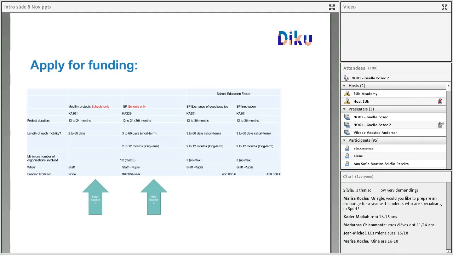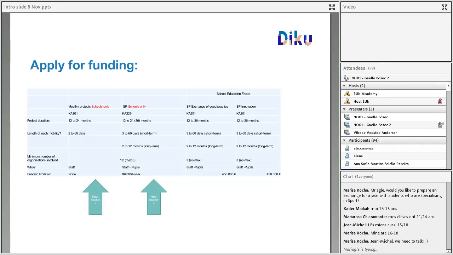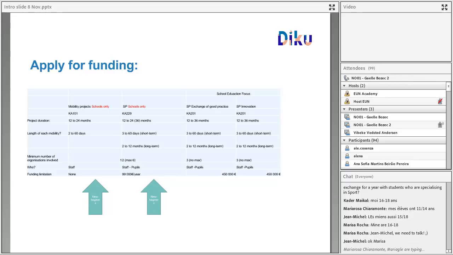The last one is probably the most complicated to get funding for, but probably the most visionary. It might have the biggest impact for the future. It's the strategic partnership for innovation. There you can develop, test, and transfer innovative products and methods. It could be a curriculum, it could be an app or different things.